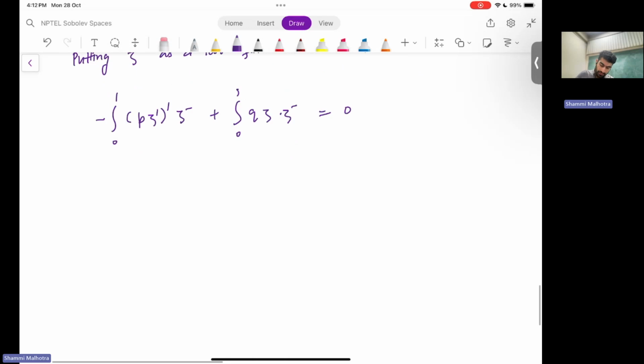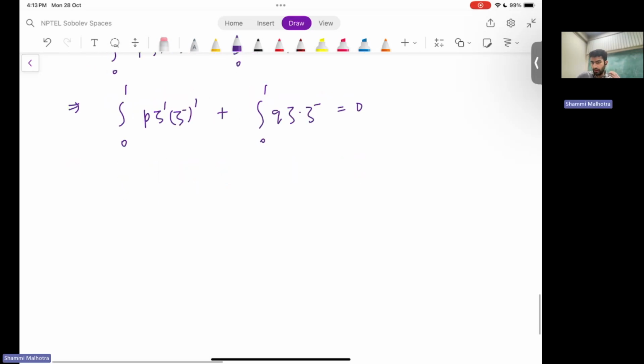So by integration by parts, we deduce that this is nothing but integration 0 to 1 of p zeta dash times zeta minus whole dash, and the boundary terms will vanish because zeta minus is 0 on the boundary. Plus integration 0 to 1 of q zeta and then zeta minus.